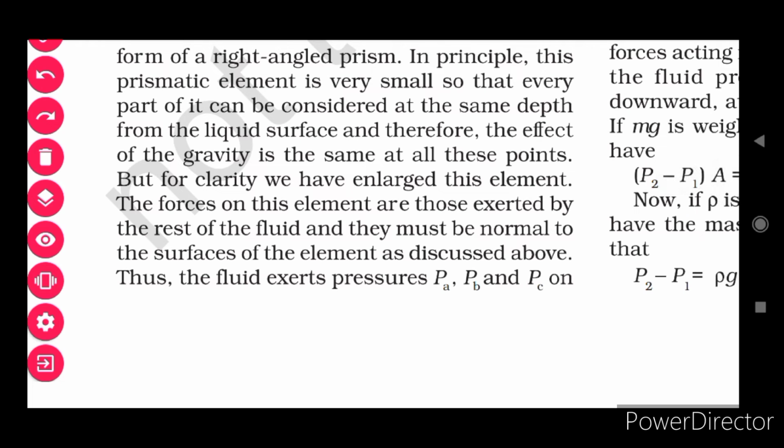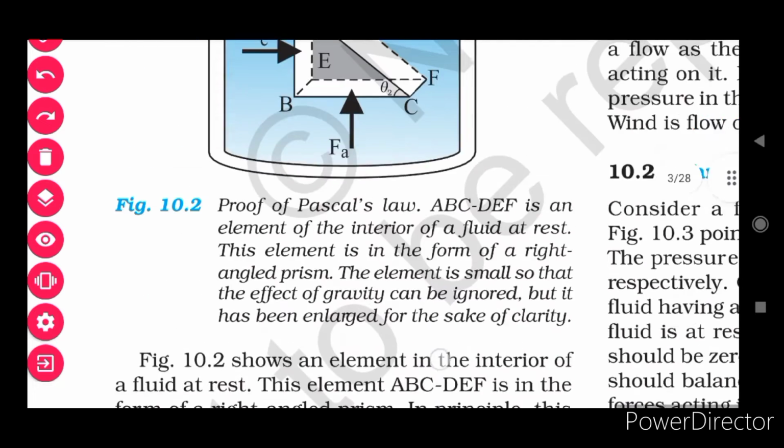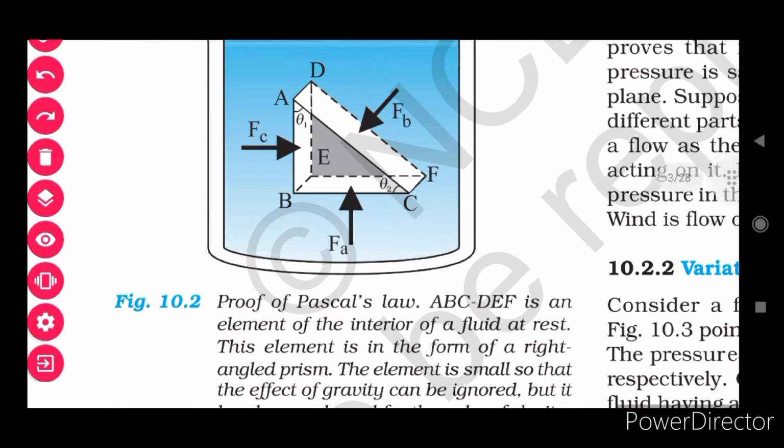As I told you, the forces on this element are those exerted by the rest of the fluid, and they must be normal to the surface of the element, as discussed above. As we mentioned in the previous video, if the forces are not normal, then what will happen?